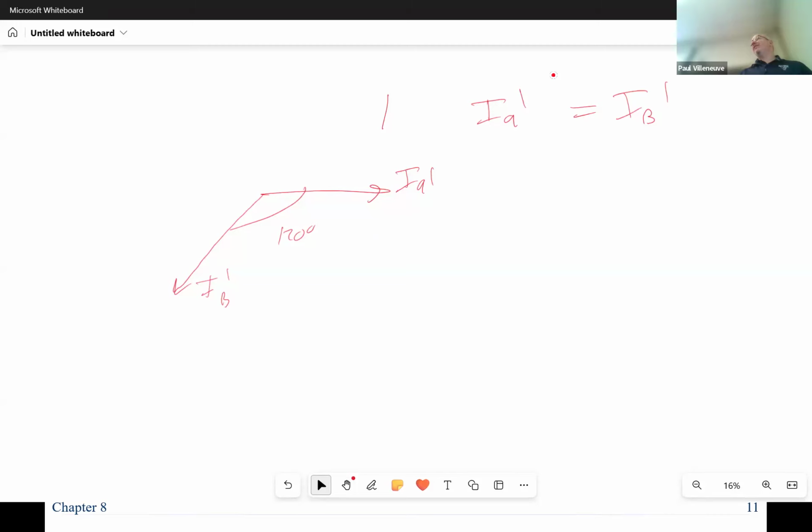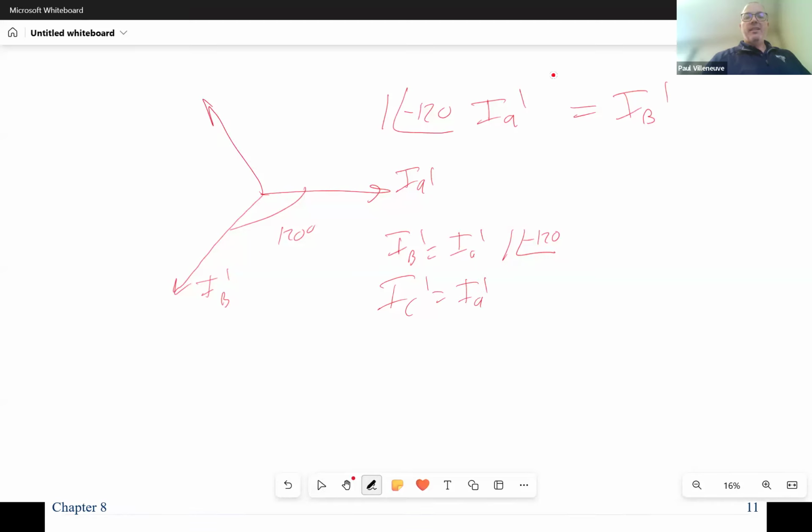How do I phase shift it? I just make a complex number and I phase shift it by negative 120 degrees, right? So IB1 is equal to IA1 multiplied by 1 at an angle of minus 120. And IC1 is also equal to IA1, but it's just times 1 at an angle of positive 120.